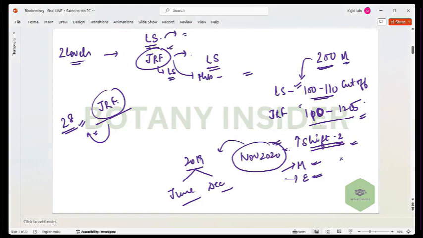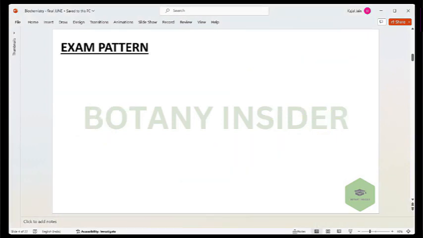Let's talk about the next important thing, and that is your exam pattern, because you need to have very good information and a very clear understanding related to the exam pattern as well. So many students have this wrong conception that there are two papers in it, paper 1 and paper 2. No, there are no two papers. Paper 1 and paper 2 is there in your UGC NET for the humanities and for the commerce students.